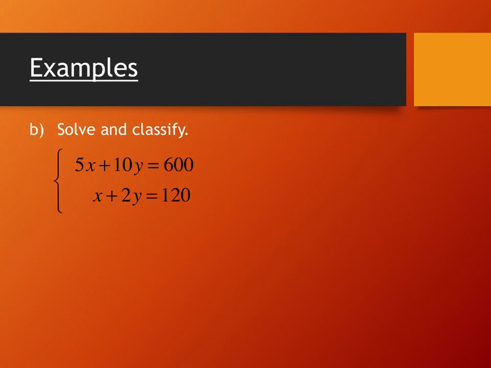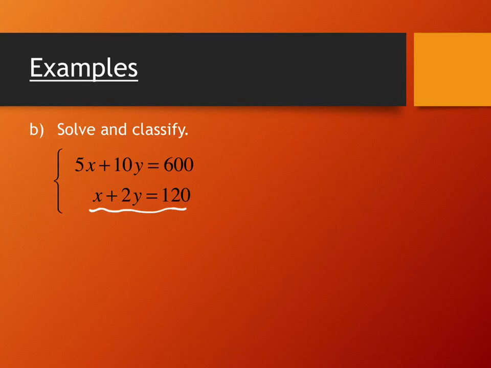Let me show you what happens if you try to use substitution to do this type of problem, because it could come up in either situation. Obviously, we could multiply the second equation by negative 5 and do the same thing we just did, and things would eliminate. But I want to do this with substitution so you can see what happens.